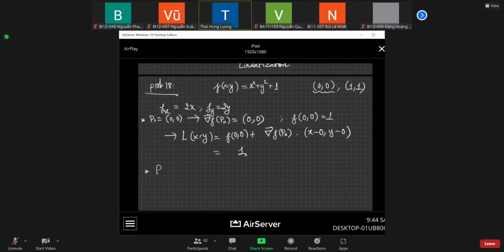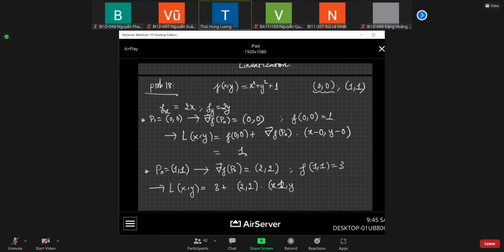The second case, then we can calculate the gradient vector, which is (2, 2). The value of f at (1, 1) equals 3. So the linearization in this case is 3 plus this product of the two vectors.